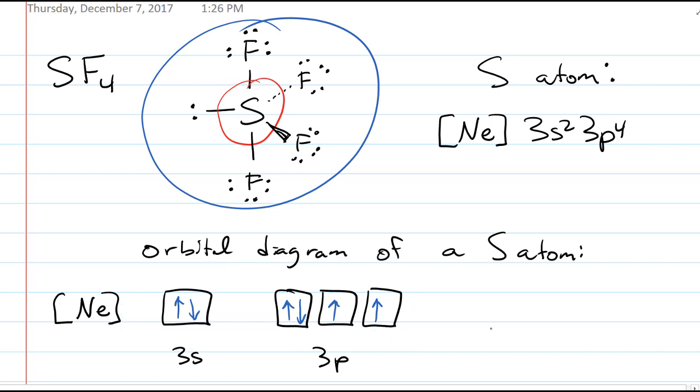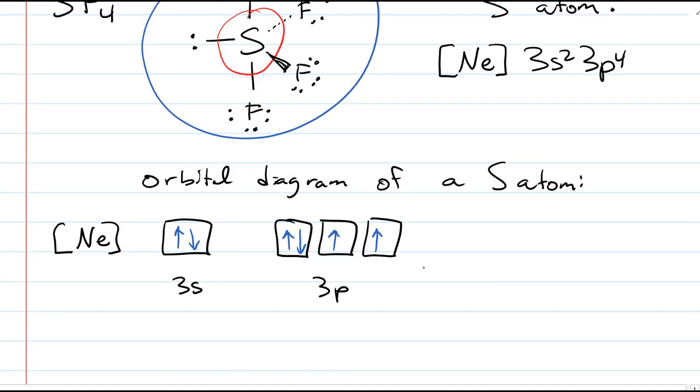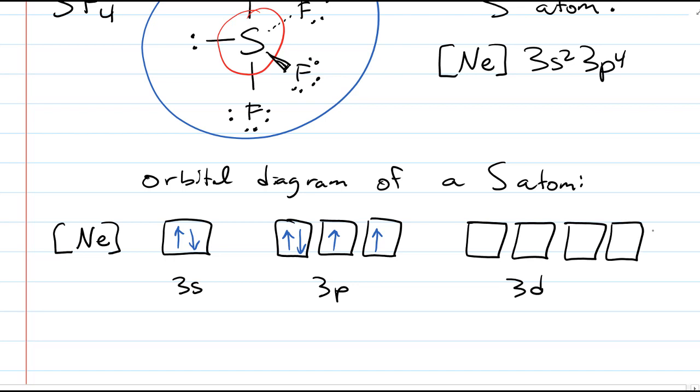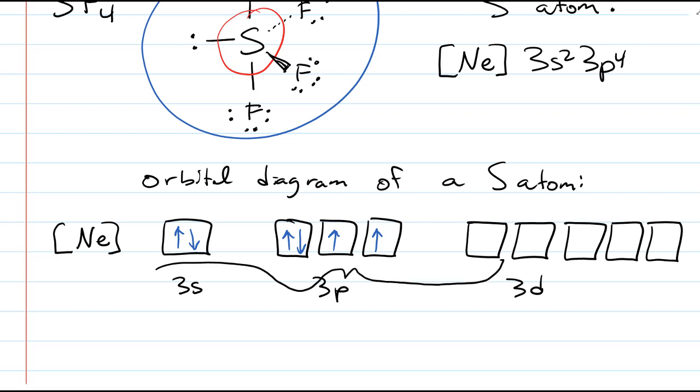So what happens now is that the third energy level has available to it a 3d subshell. At this point, the 3d orbitals are empty. But since we need 5 orbitals all together to make the 5 electron groups, what we do now is this. We say we are going to hybridize. So we're following the same sequence.